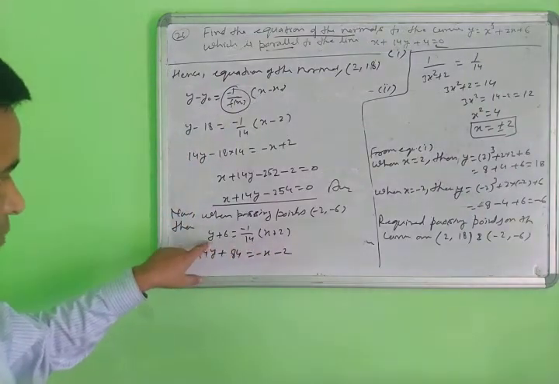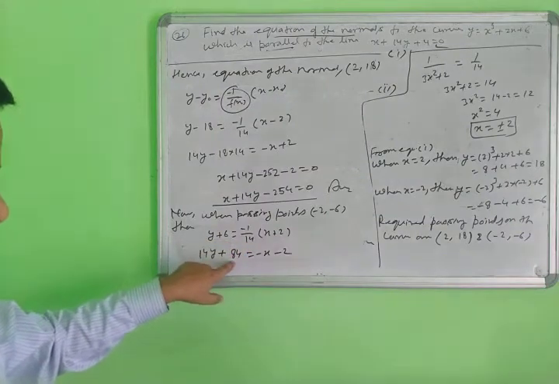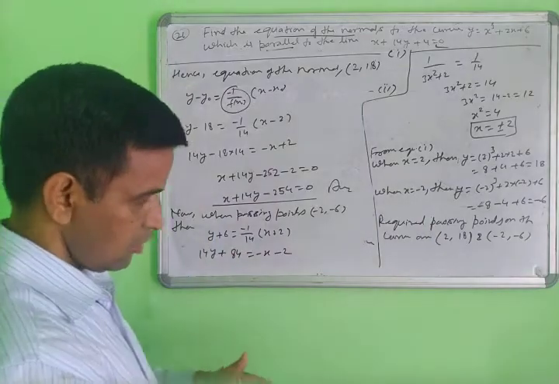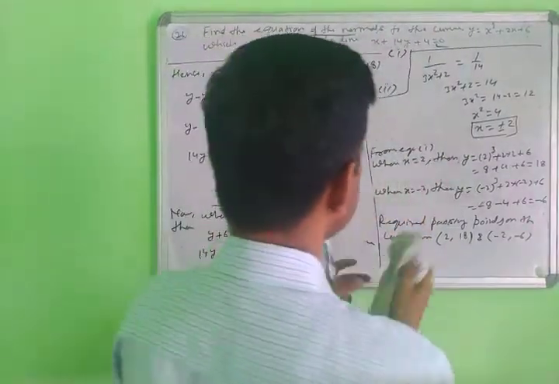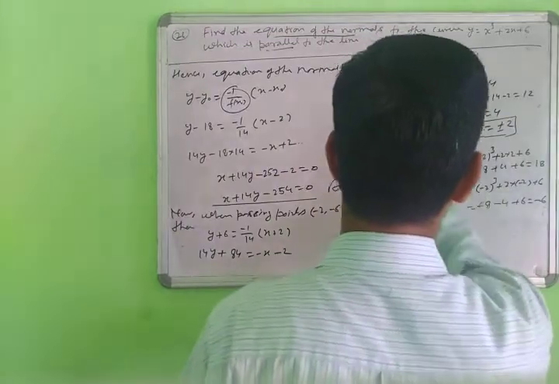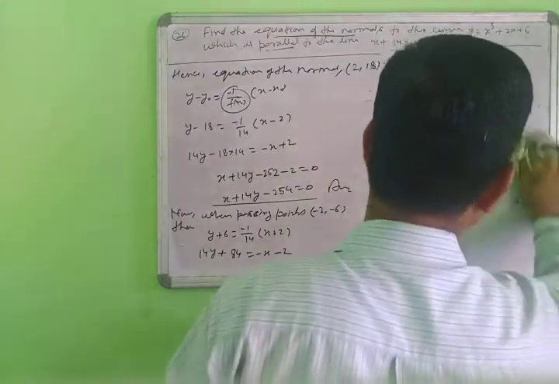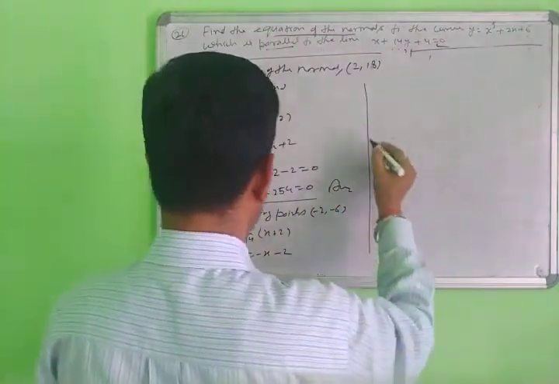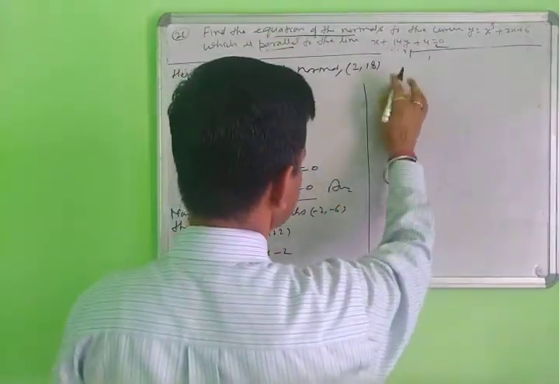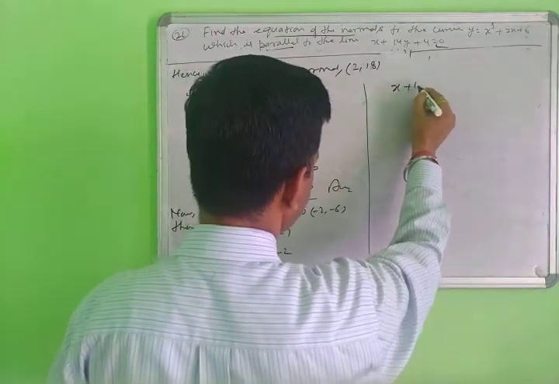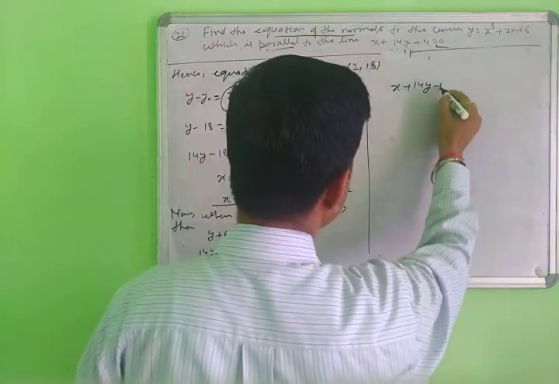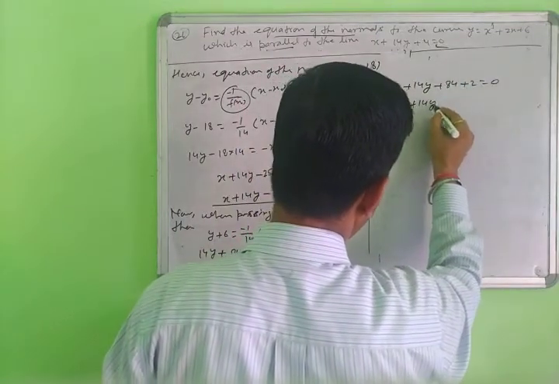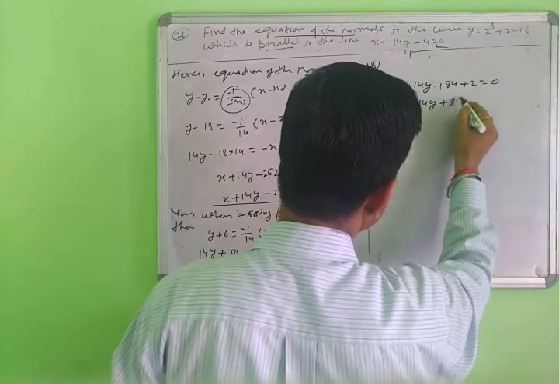Cross multiply: 14y plus 84 equals minus x minus 2, minus 1 multiplied inside it. Then we will get your answer: plus x and plus 14y plus 84 plus 2 equals 0, which means x plus 14y plus 86 equals 0.